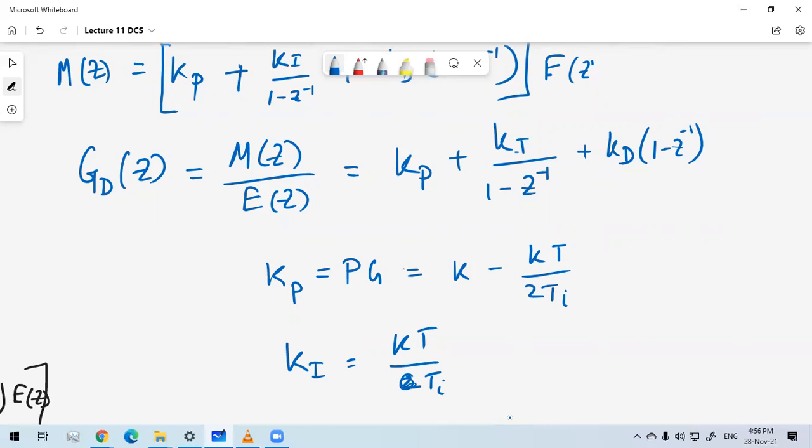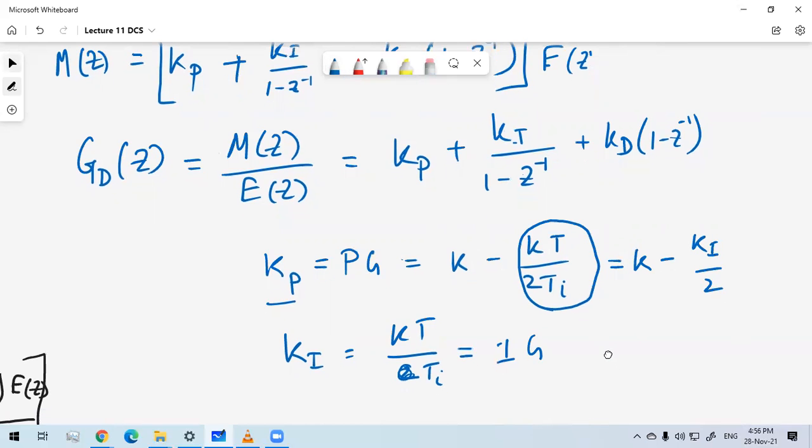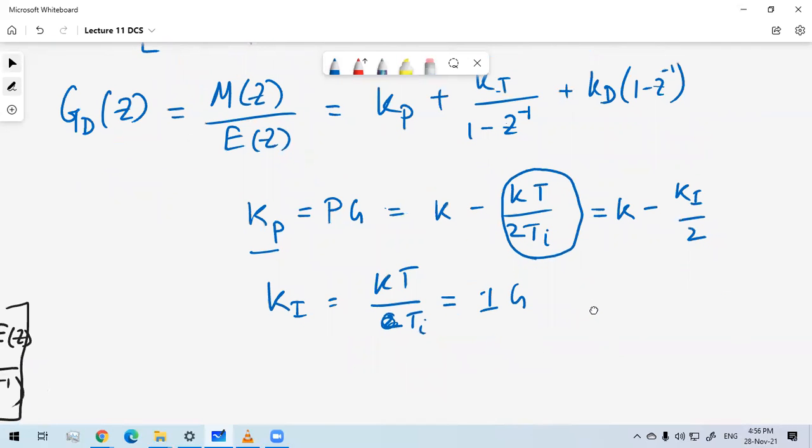As you can see, this is your integral gain. So your proportional gain is reduced by half of the integral gain. So this is what you have to keep in mind: K minus Ki by 2. So in classical control, whatever the gain Kp of the proportional controller is, in a digital controller it is a bit lesser than that. So you have to keep that thing in mind.